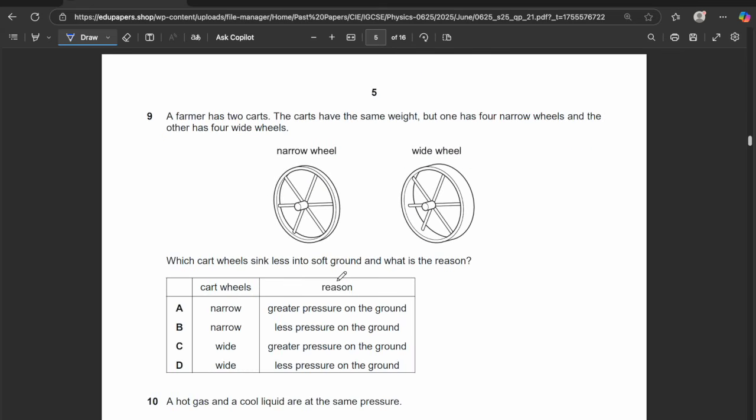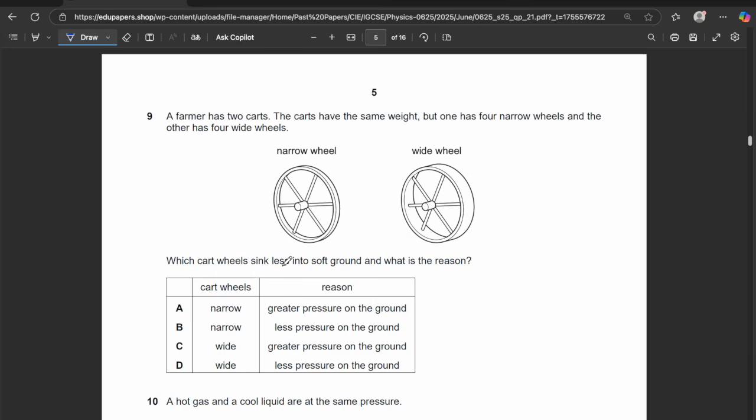9. A farmer has 2 carts. The carts have the same weight, but one has 4 narrow wheels and the other has 4 wide wheels. Which cart wheels sink less into soft ground, and what is the reason? So this is testing pressure, right?